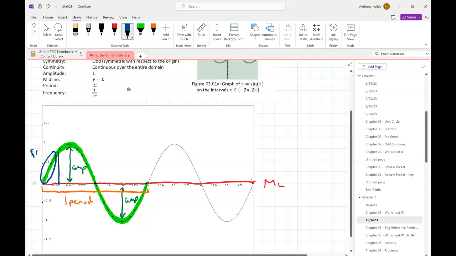That is like 1 over 2 pi of our graph. 100% of a cycle would be 2 pi. We did 1 out of 2 pi. So it's a little less than a sixth of the graph. But that's what we're talking about when we talk about frequency. Okay with that?